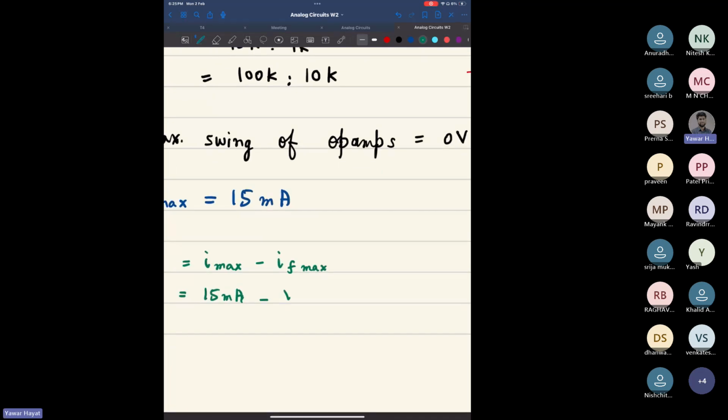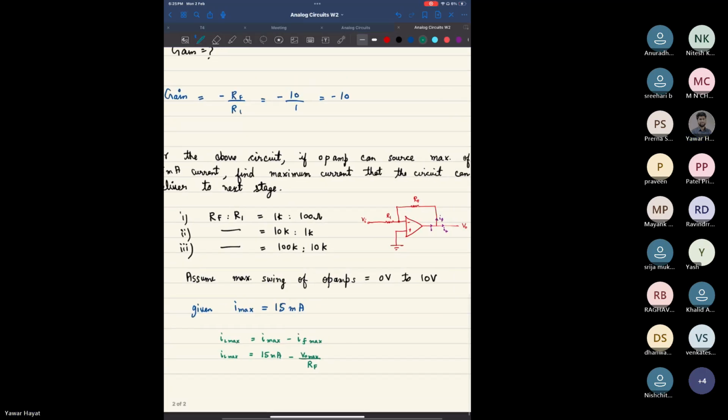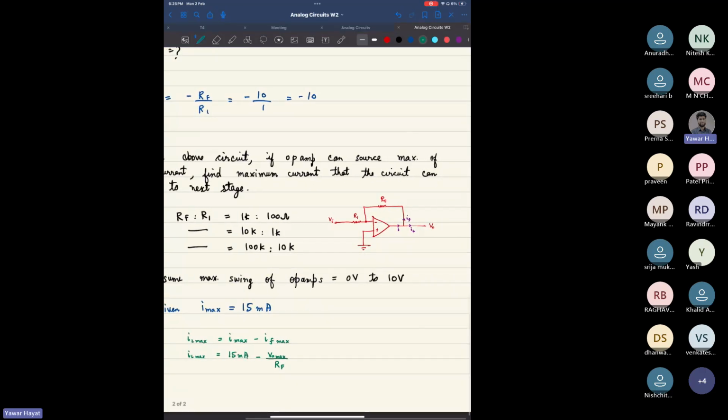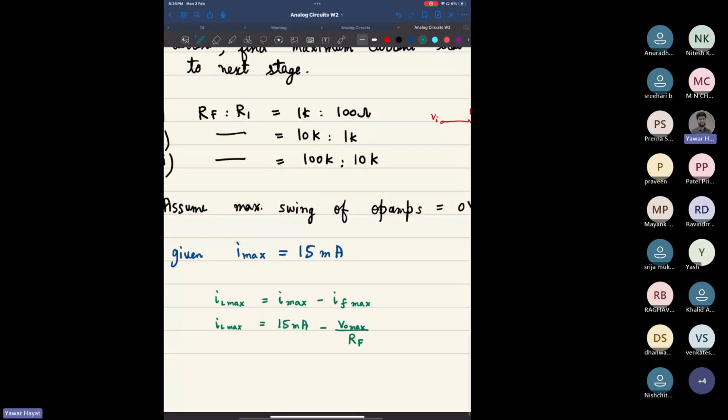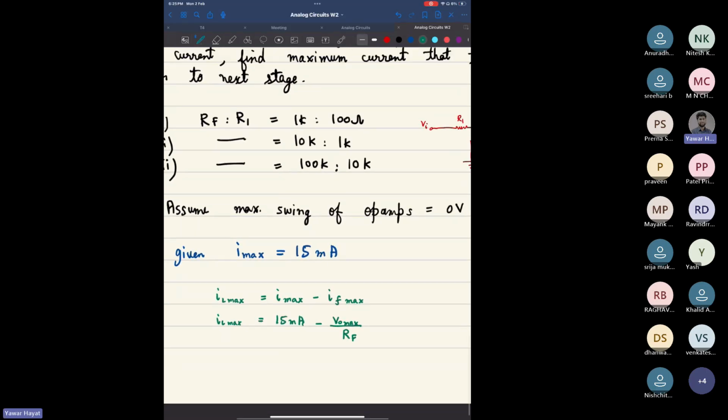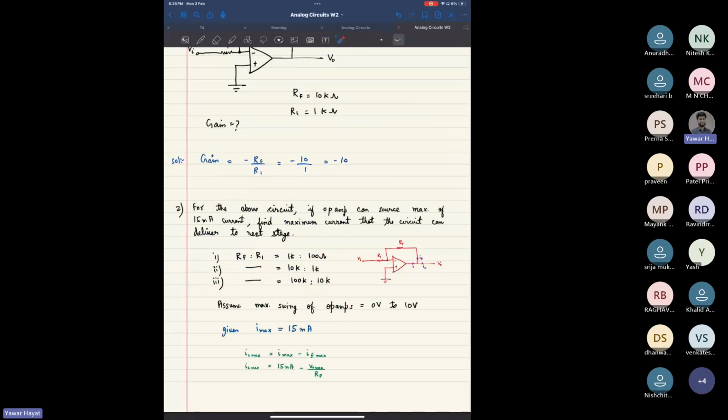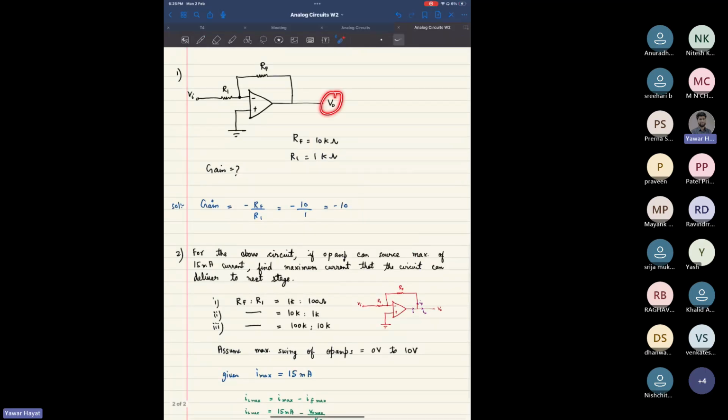Let's try to attempt as many problems as we can in this allotted time. So this is VO max by RF. Now if you do the math, see, gain we had already computed, so we can compute this V naught as well.